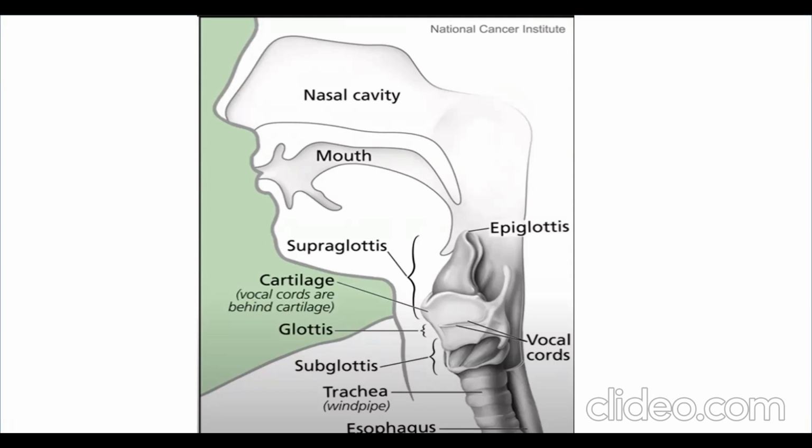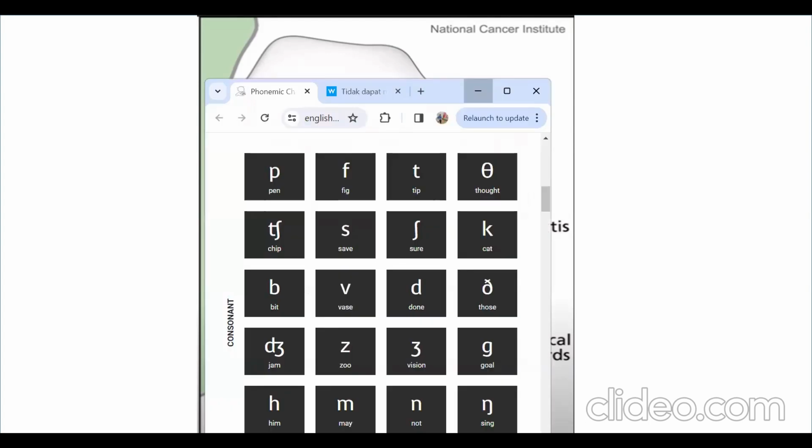Now keep your fingertip in the same position and make the sound S, s, s, and then F, f. So these are voiceless sounds and there should be no vibration.